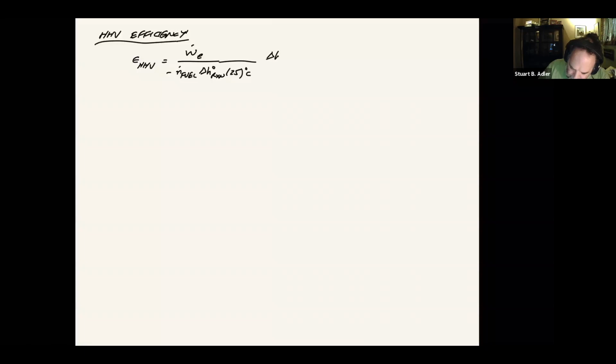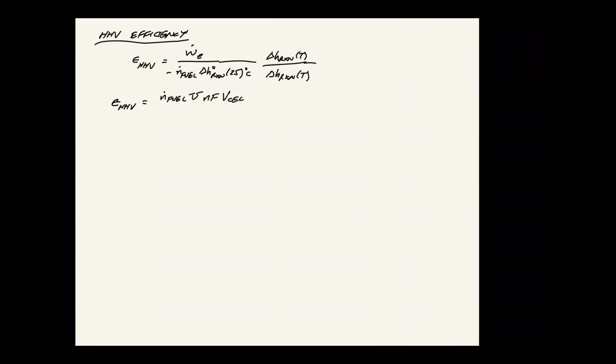If I take delta H of reaction at temperature T, divided by delta H of reaction at temperature T, just as a unit conversion, that puts us on a basis that is related to the thermoneutral voltage. Breaking this down further, this is going to be N dot fuel times the fuel utilization times NF times V cell.